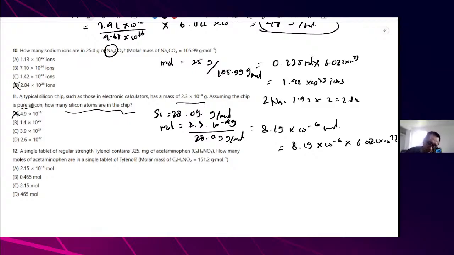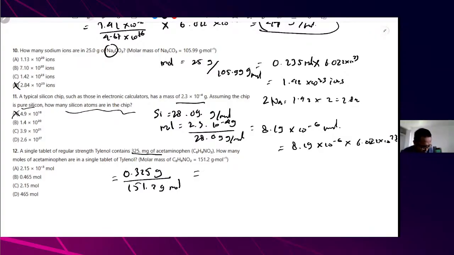Number 12, a single tablet of regular strength Tylenol contains this much. How many moles of acetaminophen are in a single tablet of Tylenol? It's very easy. 0.325 grams divided by this many grams per mole.